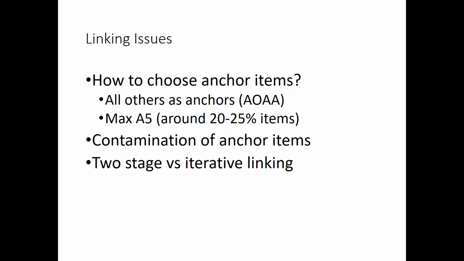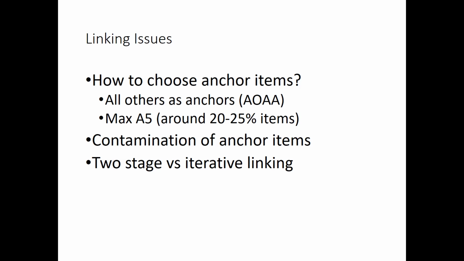So what we want to do is find some smallish number of items to use as anchors that do not have DIF and are not just a single item, so that we can get better linking between the two groups. That's what we're going to talk about in this short clip, and those are some of the issues to face.